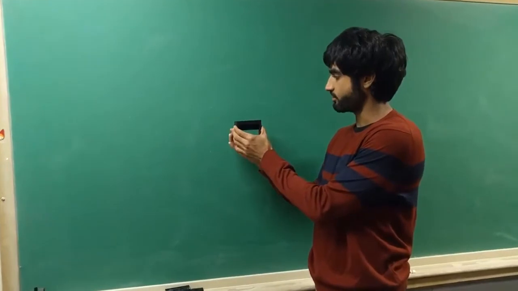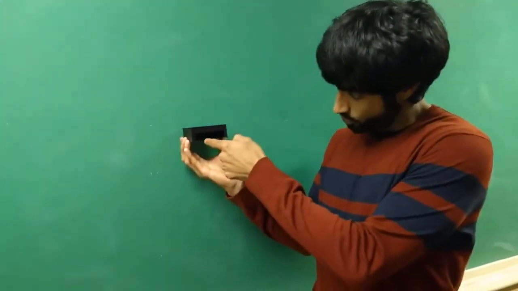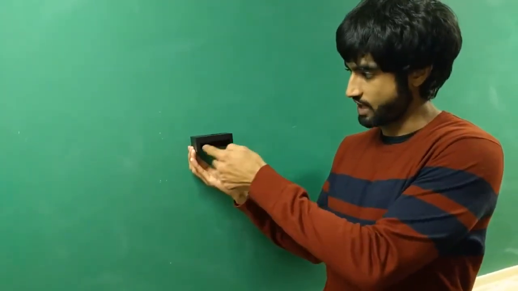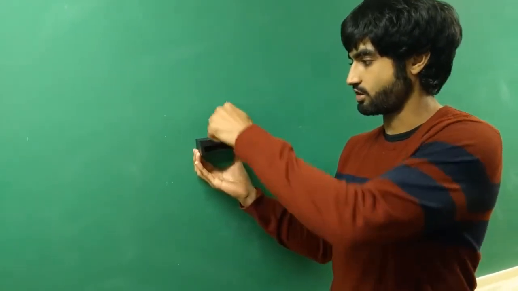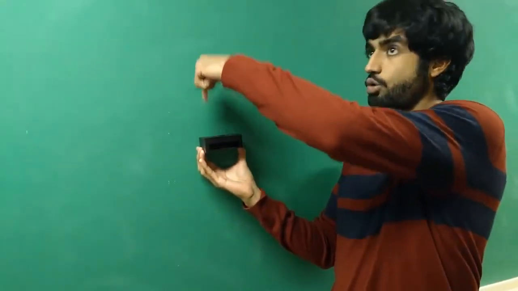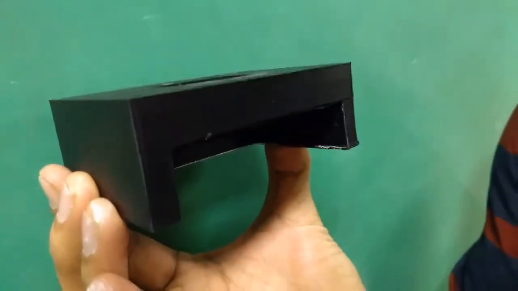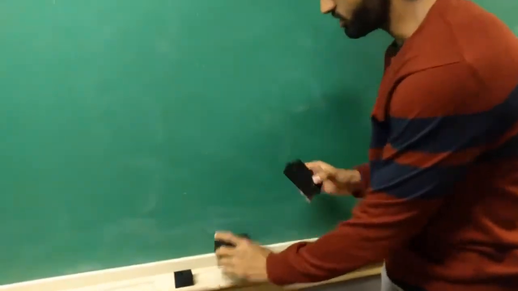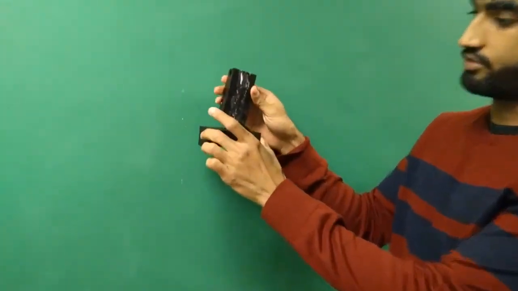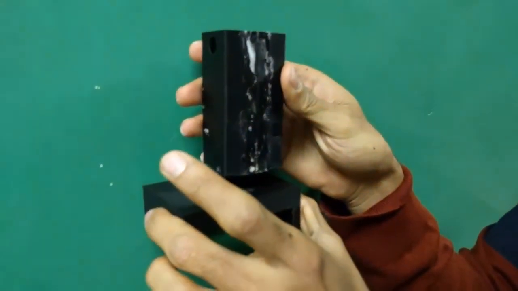This is the base of our apparatus. The phone goes inside this cavity here, and the camera faces upward, facing this hole where the liquid goes into. On top of the base, we have the liquid column.